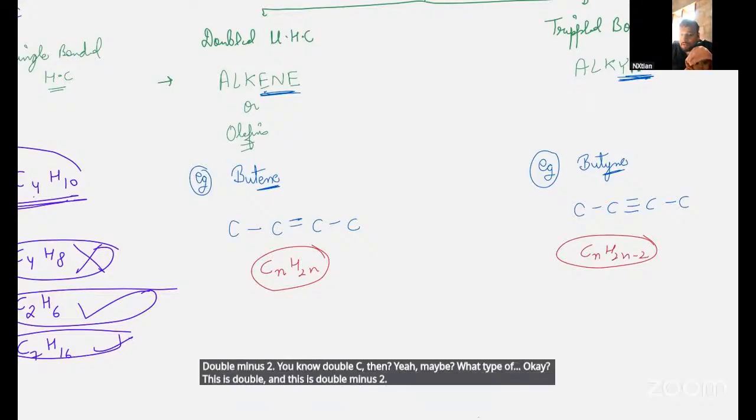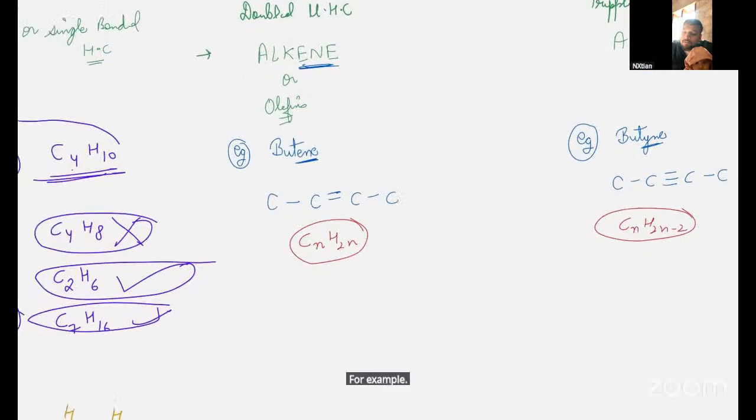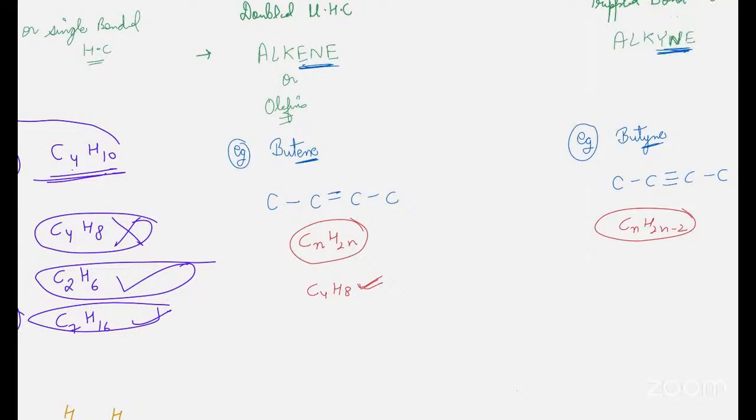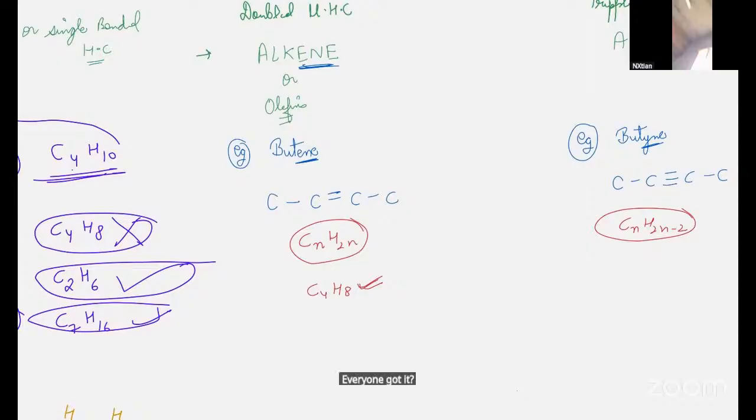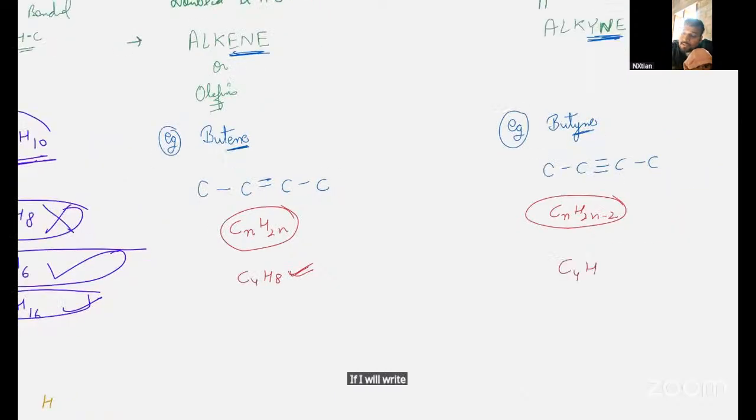For example, if I tell you this formula C4H8, it is double, it is alkene. If I write C4H6, it is double minus 2, meaning 8 minus 2, which is 6, it is alkyne.